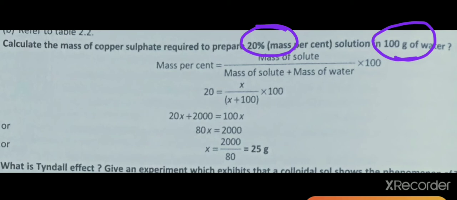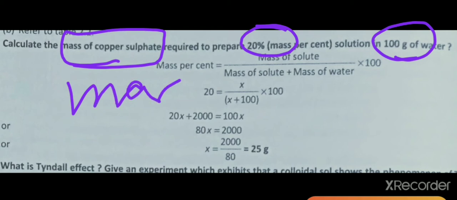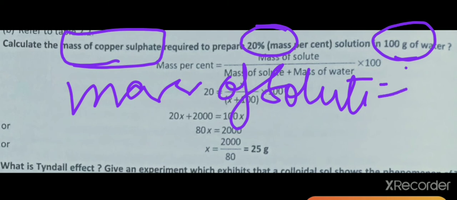Here you have to calculate the mass of copper sulfate. That is, you have to calculate the mass of solute. Here basically mass of solute is not given, so it is a question mark.